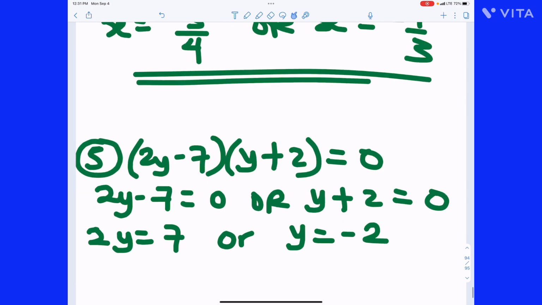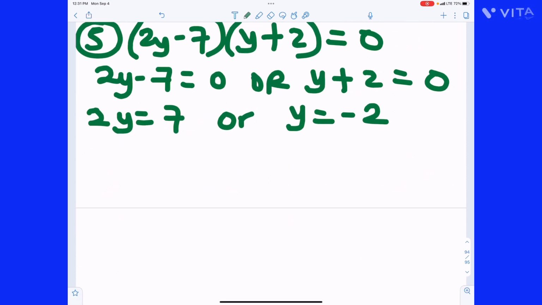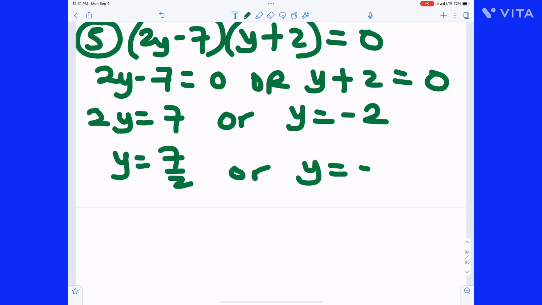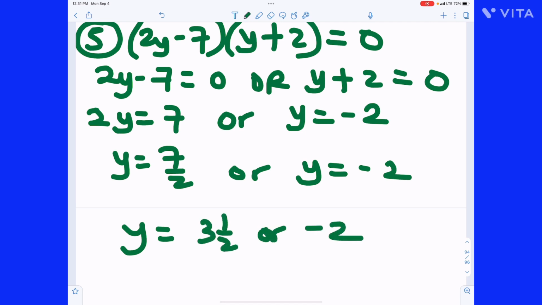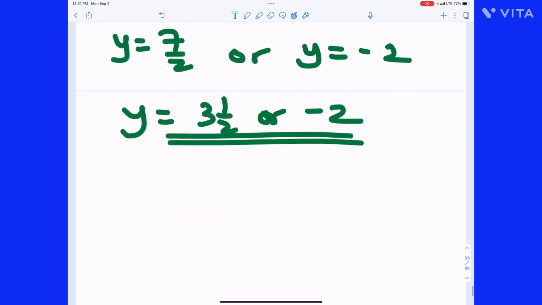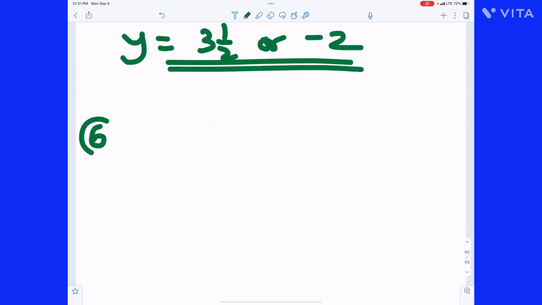Let's just skip elementary steps. What will this give you? Y is 7 over 2 or y is minus 2. So y is 3.5 or minus 2. Exactly. Do you understand? Next. Number 6. Open brackets 4b minus 1, 2b minus 5.